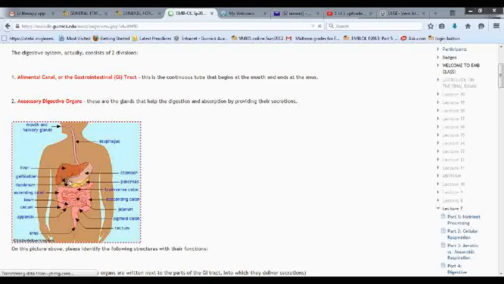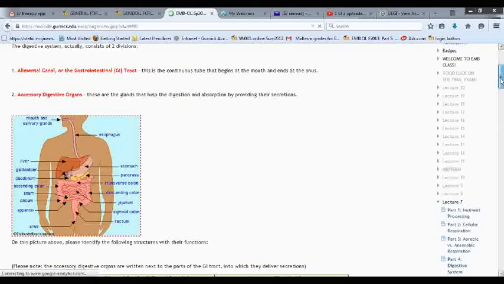Here it's wider, and then it becomes this convoluted tube, and then it becomes this larger tube, and then it ends in the anal opening. Okay, it's one continuous tube. That's what you need to know. So that's what we call the alimentary canal or the GI tract.